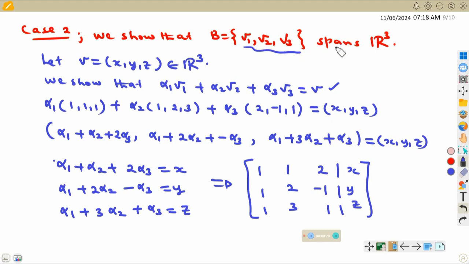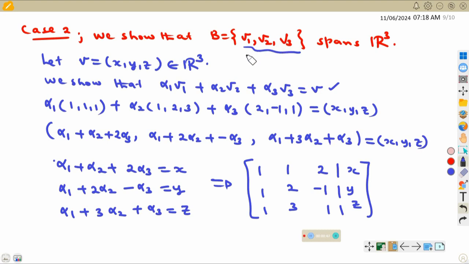Or you can say that every vector that you pick from R3 must be expressed as a linear combination of these vectors here. But in order to do that, we have to pick one vector which is an arbitrary vector in R3, and we see whether we can write that vector as a linear combination of these vectors.